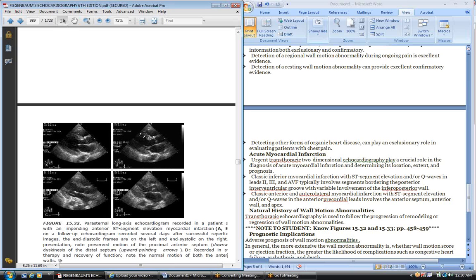You'll notice that the ones on the top are dyskinetic. That's what these arrows are trying to say. The one on the bottom have preserved motion of the posterior anterior septum.